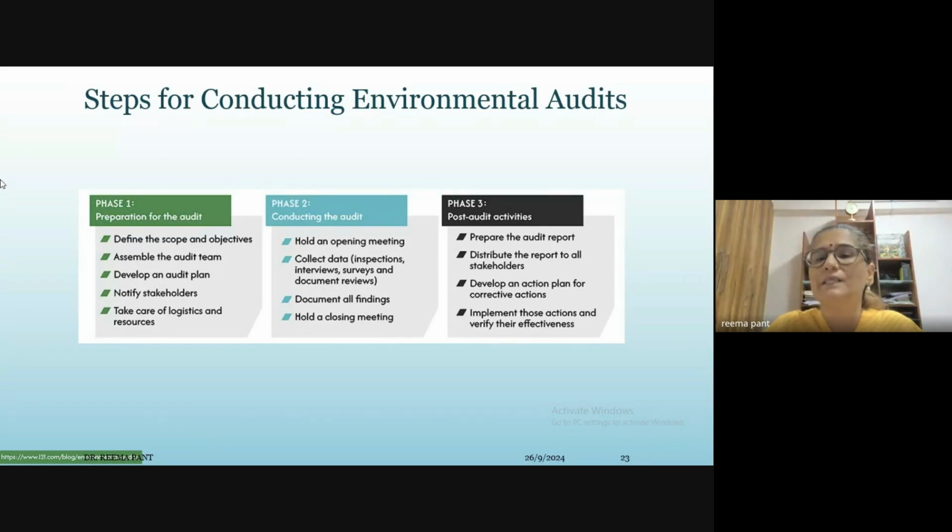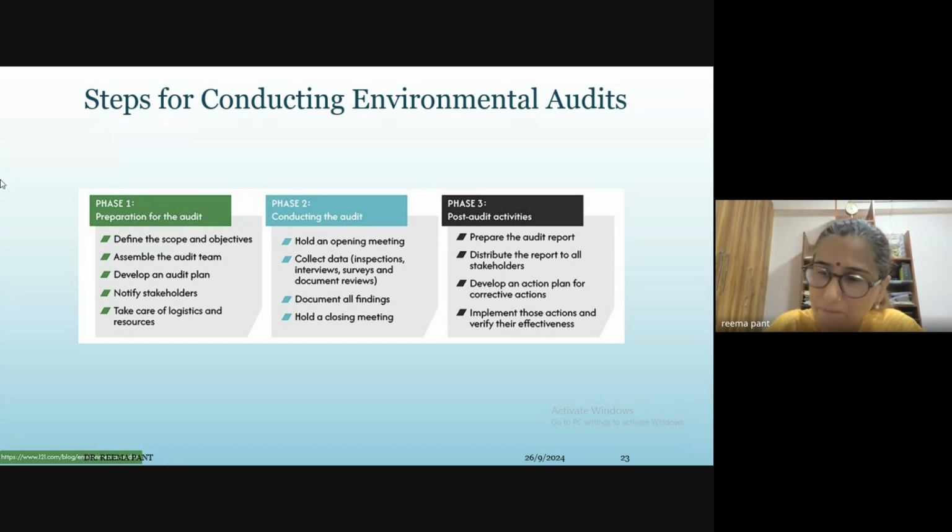And finally, in phase 3, which is the post-audit activity, you prepare the report after the closing meeting. After that report is done, you distribute it to all the stakeholders, including the officials in the admin block. Discuss with them the possible action plan and the corrective actions that you have thought of in your closing meeting.